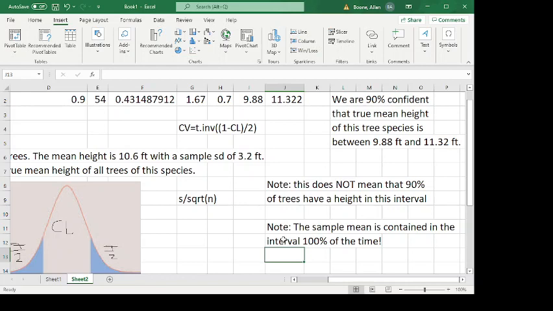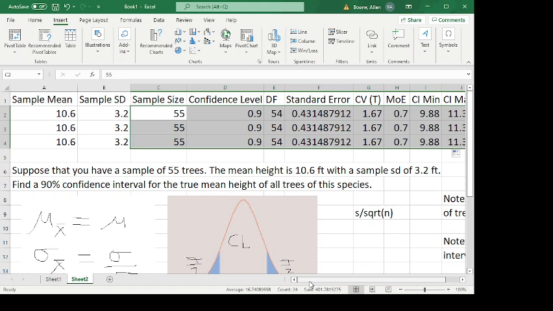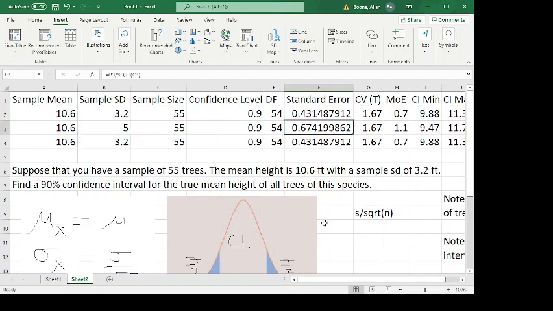All right. And so, again, we can sort of play around with it. One of the great things about these templates is that you can just copy and paste these formulas down and play around with these numbers and see what changes. So if I change the standard deviation, notice a larger standard deviation will give us a larger standard error.